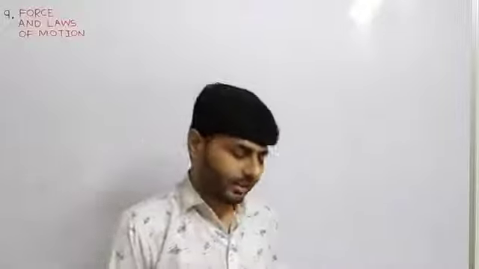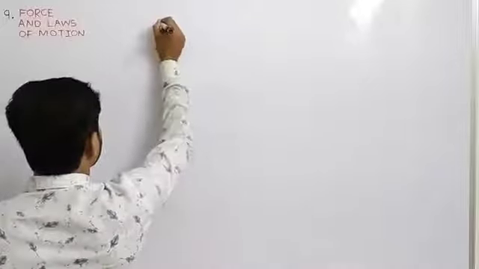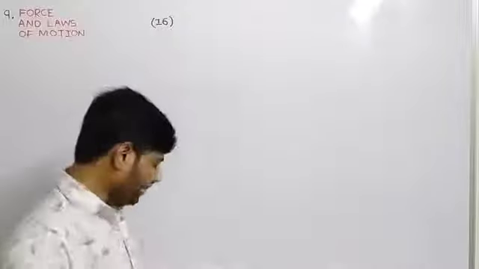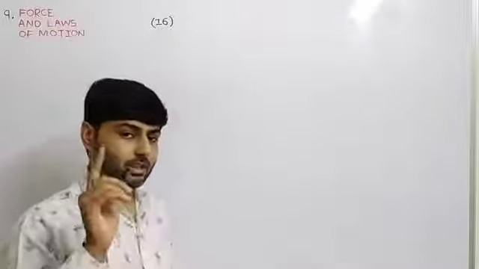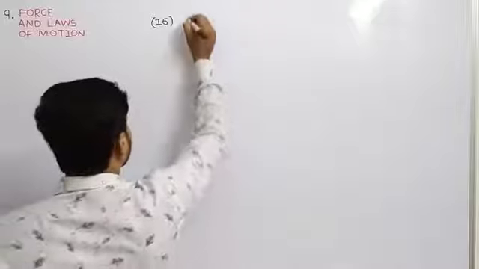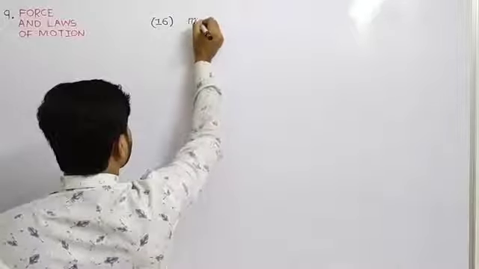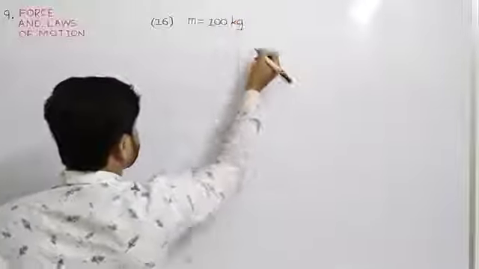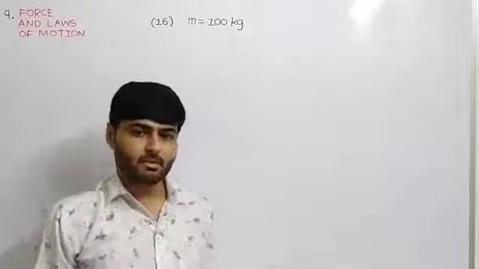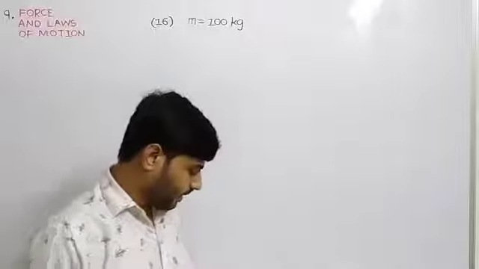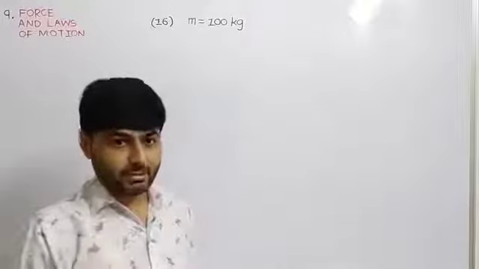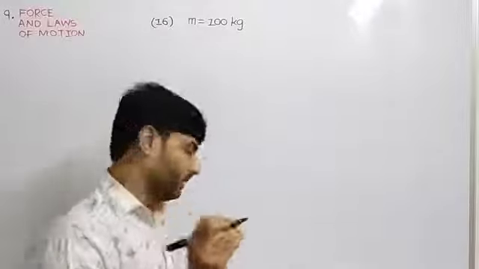Let's derive data first. We have question number 16. Object of mass 100 kg. So I have to write M is equal to 100 kg. I will write here only M because we have only one object. Change in velocity 5 meter per second to 8 meter per second, which means we have two velocities.